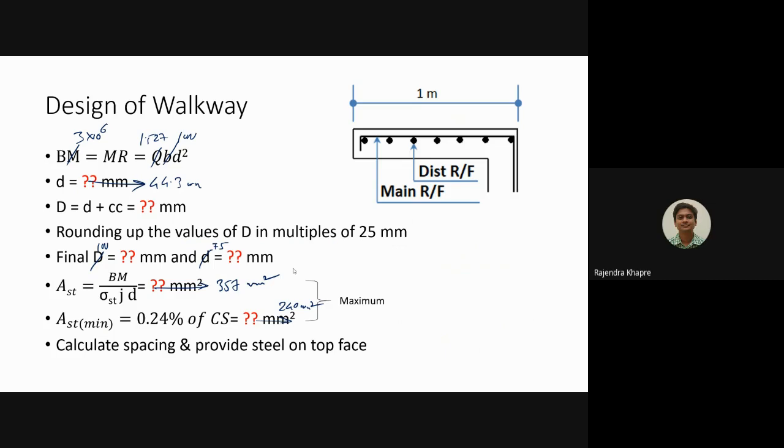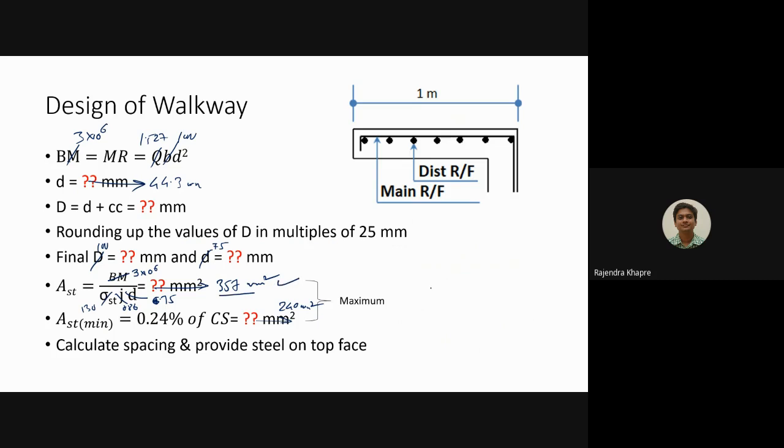Are you sure it is coming that much? What bending moment did you take? So 3 into 10 to the power 6. Someone please cross check this value. Is it 357? Yes, sir. Okay, so we will provide 357.